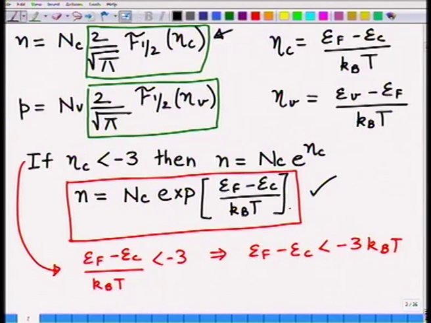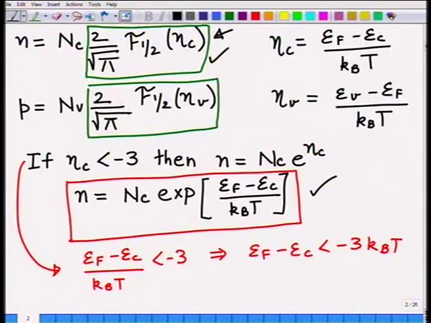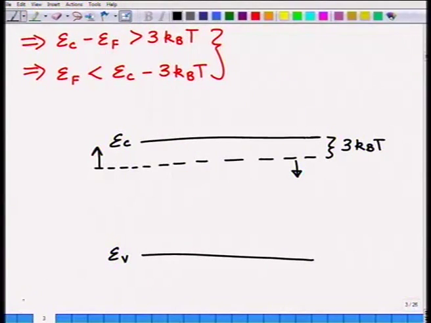If not, that means if the Fermi energy lies above this, then in order to calculate n we must go back and determine what this Fermi-Dirac integral of order half is, for the given E_F, of course.